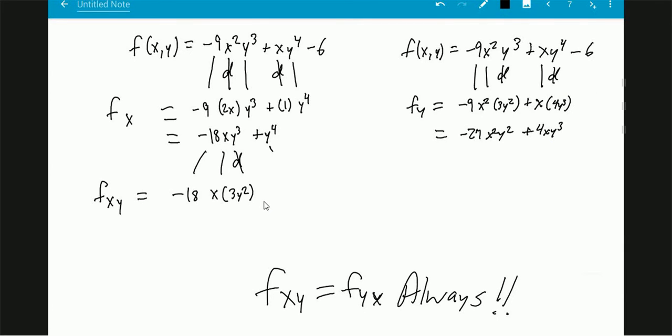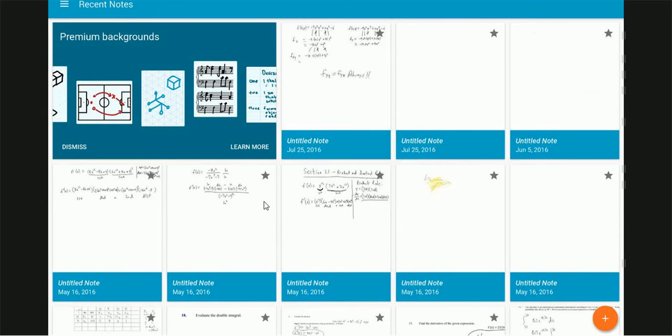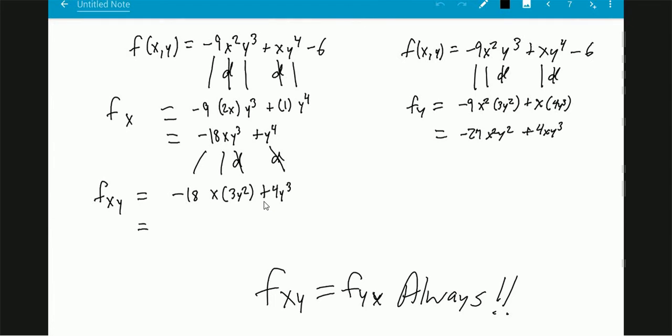Our next term, the derivative of y to the fourth would be 4y cubed. And going ahead and simplifying, negative 18 times 3 is negative 54. So negative 54xy squared, and 4y cubed is already simplified. Okay, so that's what I get if I do f sub xy.